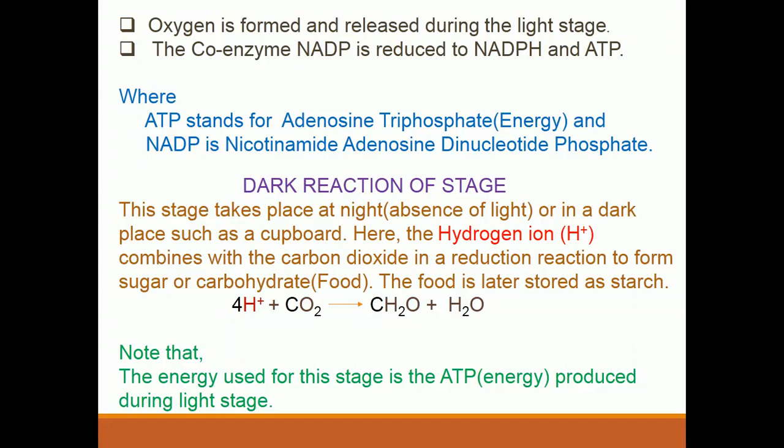Here the hydrogen ion combines with the carbon dioxide in a reduction reaction to form sugar, or the carbohydrate, or the food that plants can manufacture. The food is later stored as starch. So here is hydrogen ion combined with carbon dioxide, forming the carbohydrate and water. Note that the energy used for this stage is the ATP, the energy produced during the light stage.